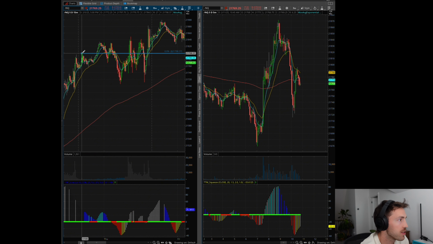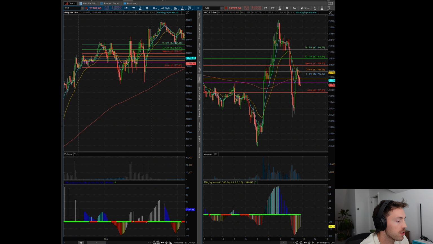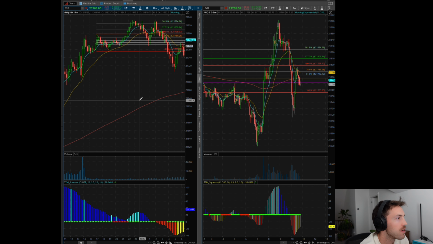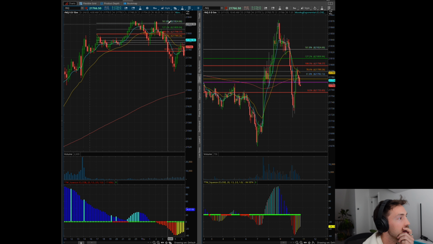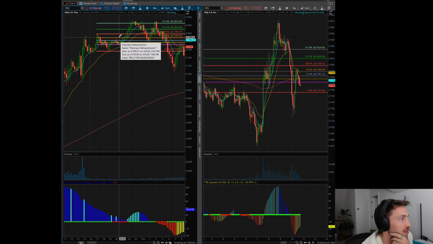If you've looked at some of the other trainings I've done, how I find my take profits is I use Fibonacci. I take the previous high and the previous low, and you can see it lined up with my take profits perfectly. I took profit at 100% and 127, and I had a runner that went up to the 1618. That's how I find my take profit levels.